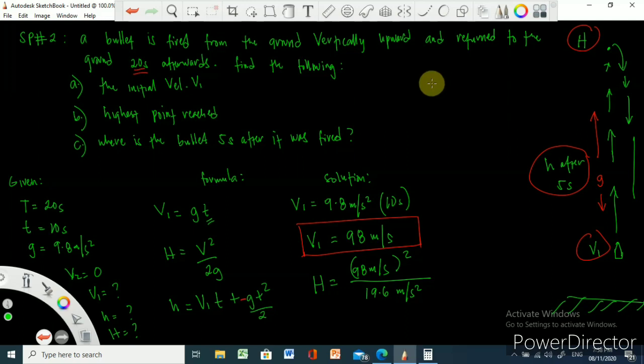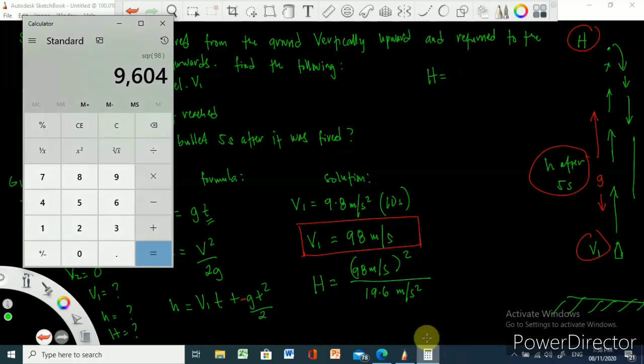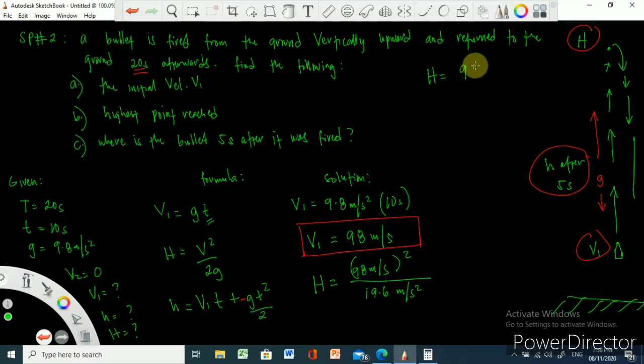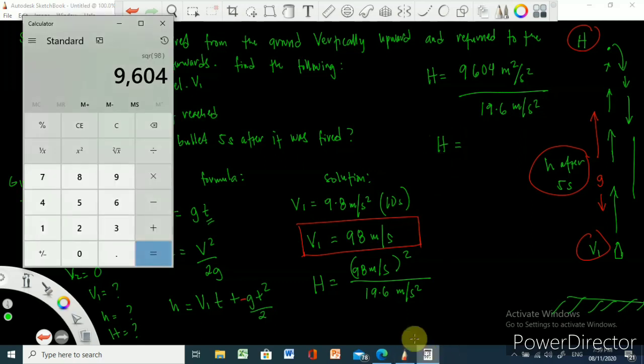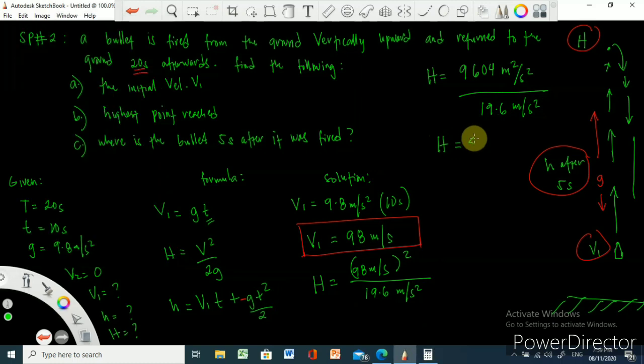Okay, so the height is equal to 98 multiplied by itself, 9604 meter squared per second squared, divided by 19.6 meters per second squared. So H is 9604 divided by 19.6, which is 490 meters, of course.